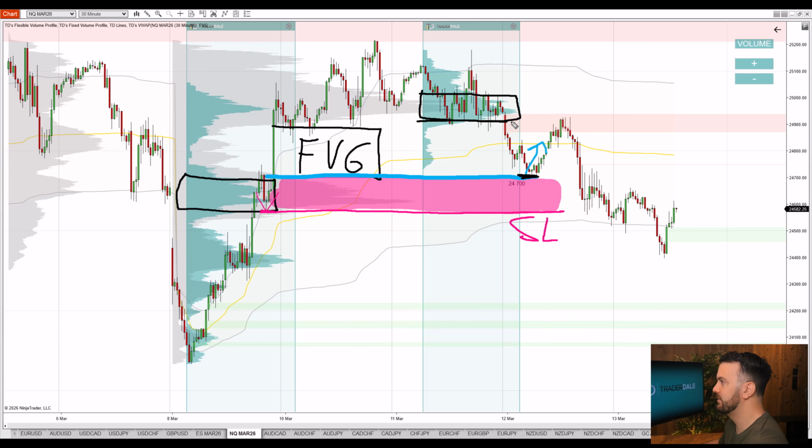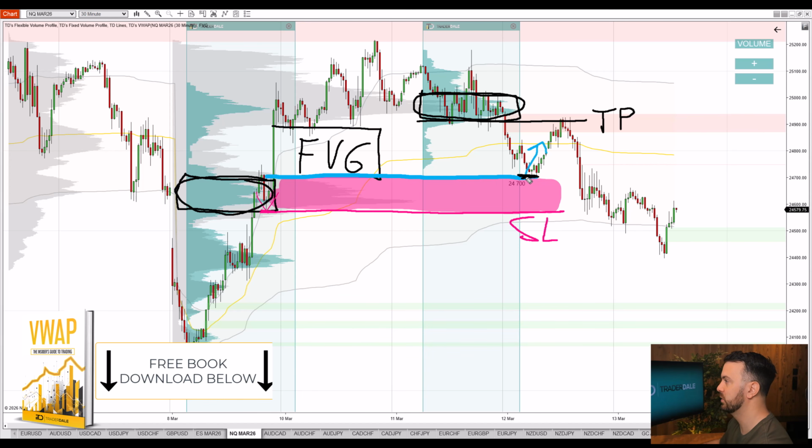The beginning of that heavy volume zone was here, so that's why there was the take profit. Because heavy volume zones, as I already said, work as strong support or resistance zones, right? That's why you want to place the stop behind a heavy volume zone and take profit before the price hits the heavy volume zone or at the beginning of the heavy volume zone, because there's a chance that the price will react to that heavy volume zone, right?